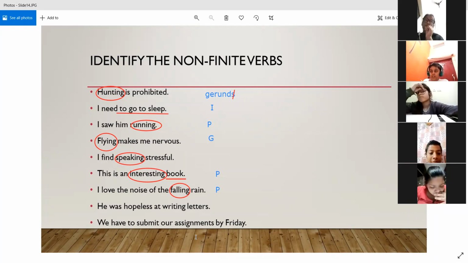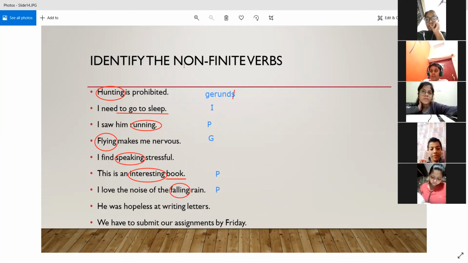Can you tell me? Actually, it is acting as a noun because it is answering the question, what was he hopeless at? He was hopeless at what? So he was hopeless at writing letters.